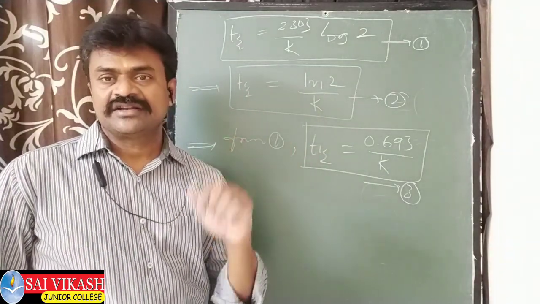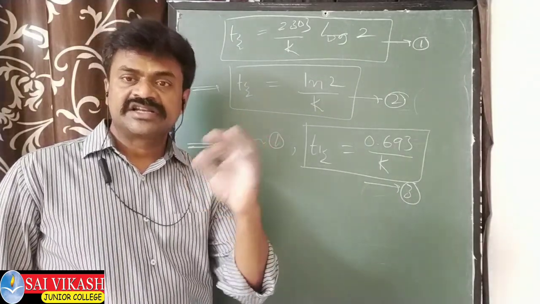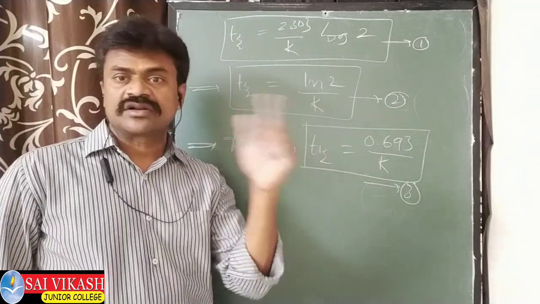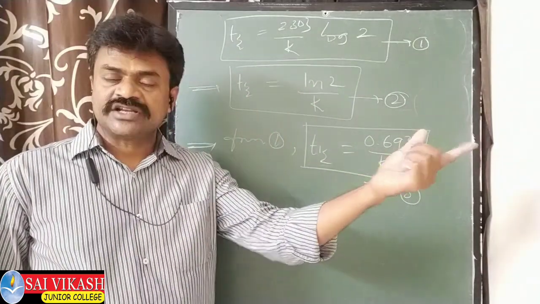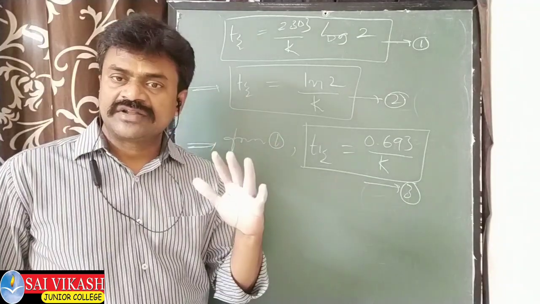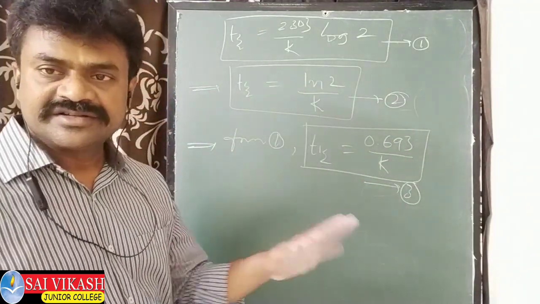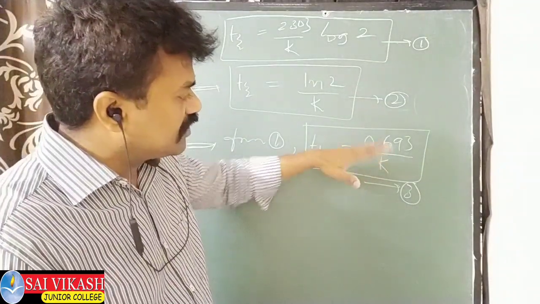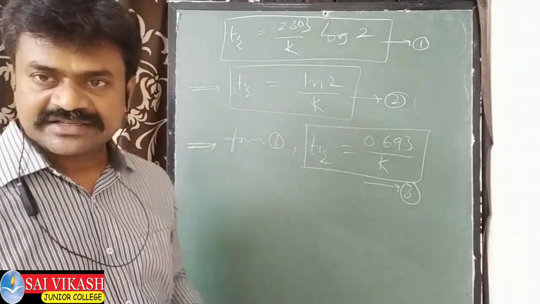You have to compare t half and the initial concentration for the zero order and first order. For the zero order, half-life is directly proportional, and for the first order, half-life is independent of the initial concentration. This is very, very important, and we are going to use this formula in numericals.